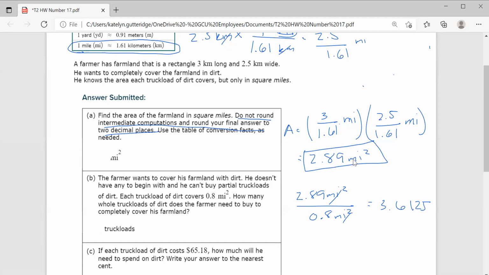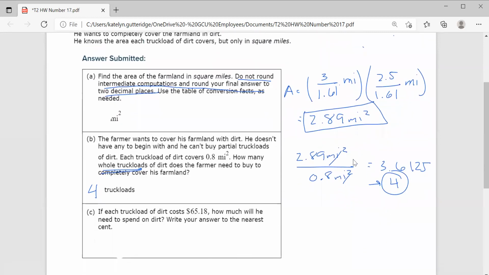We need whole truckloads, we can't have any partials, so we need to round that up to make sure that we have enough truckloads to cover all of this area. The problem will tell you whether or not you can have partials. If you can't have partials, make sure you are rounding that number up. So we'd round this up to 4 truckloads as our answer to part B.